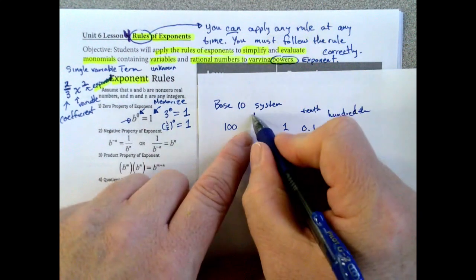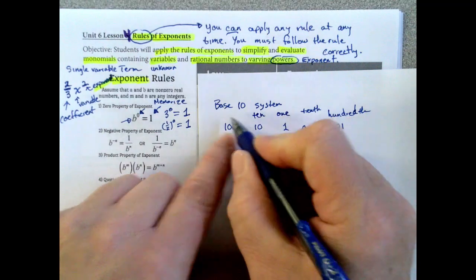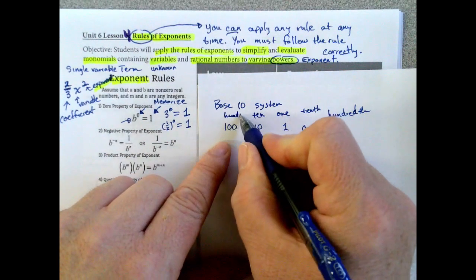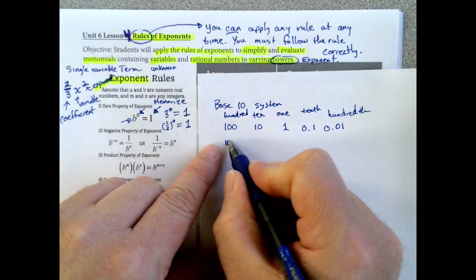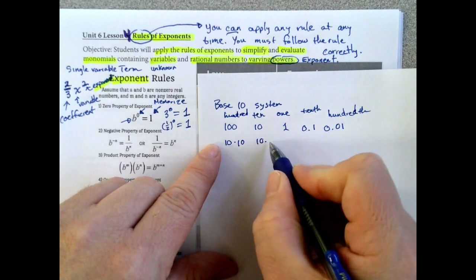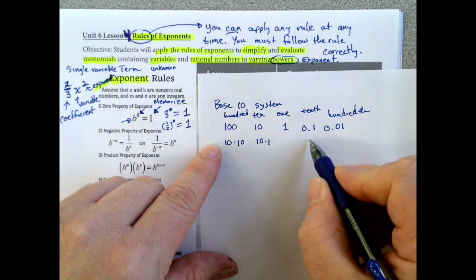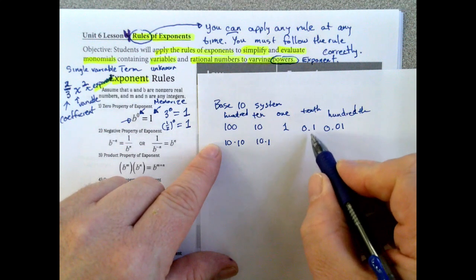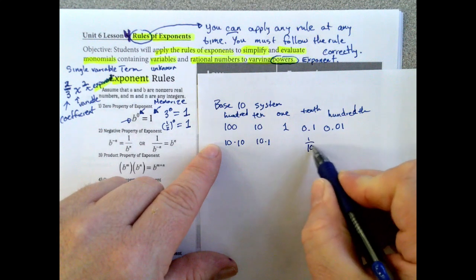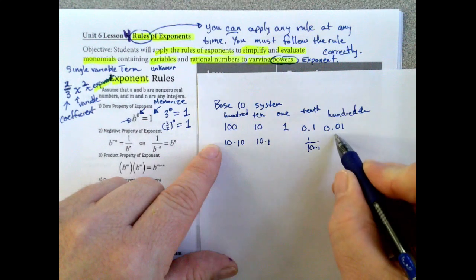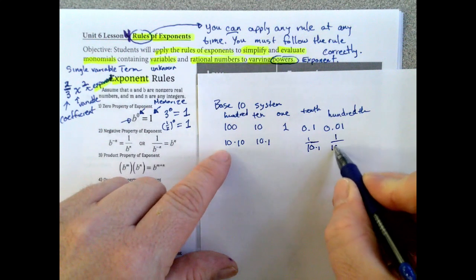Well, we know that this is 10 times 10, and this is 10 times 1. This is 1/10, which is 1 over 10 times 1, and 1 over 100, which is 1 over 10 times 10.